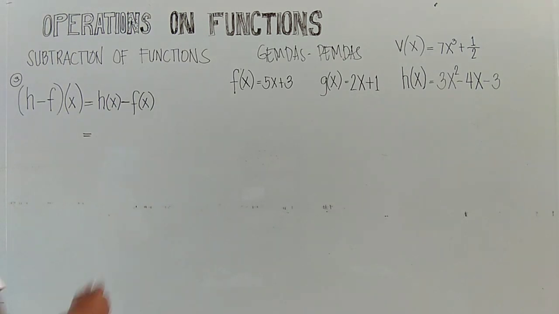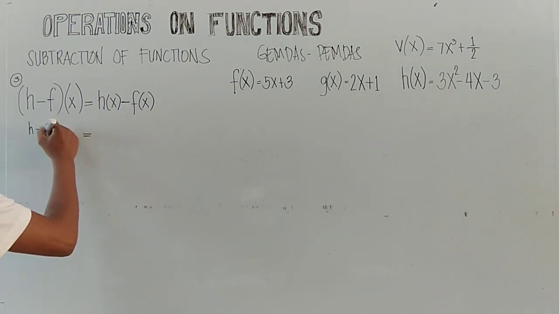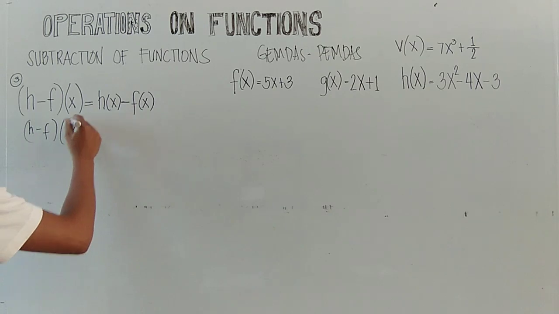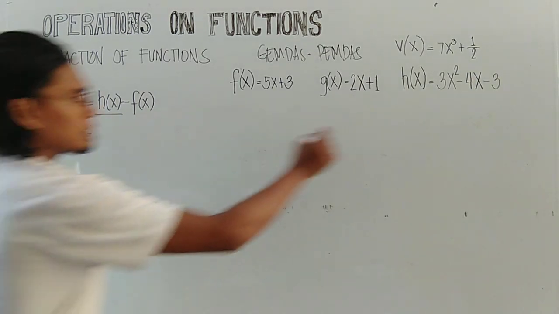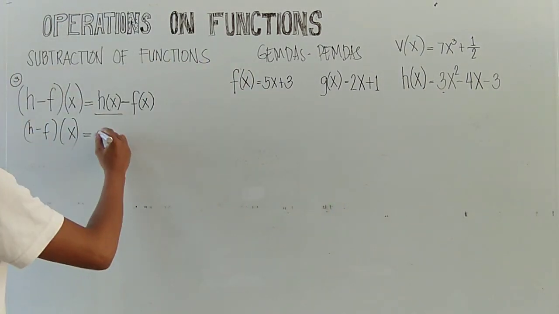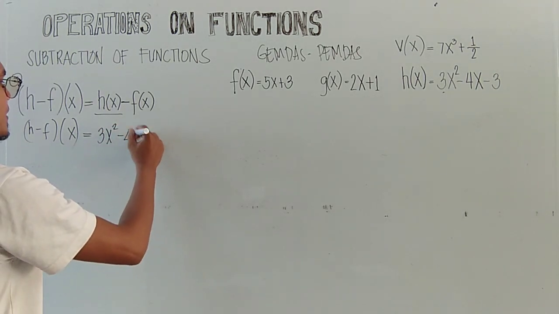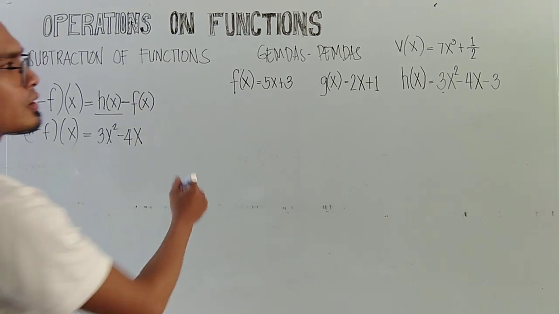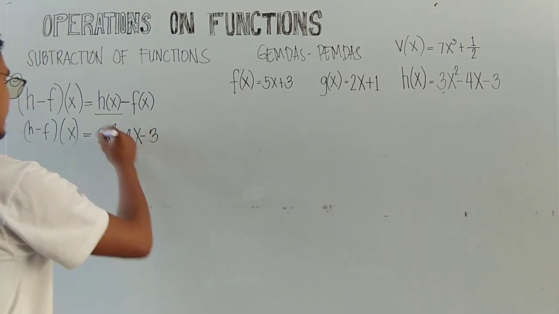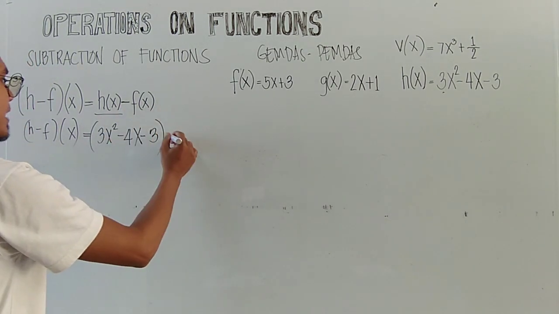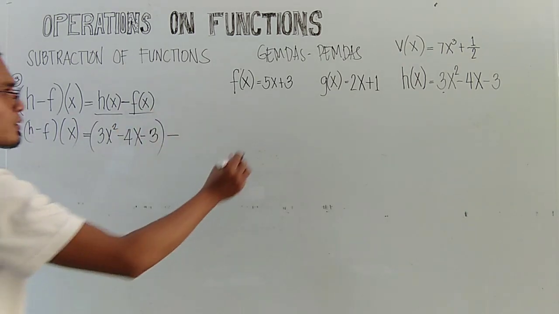So, substituting, we have h minus f of x equals to h of x, which is equals to 3x squared minus 4x minus 3.